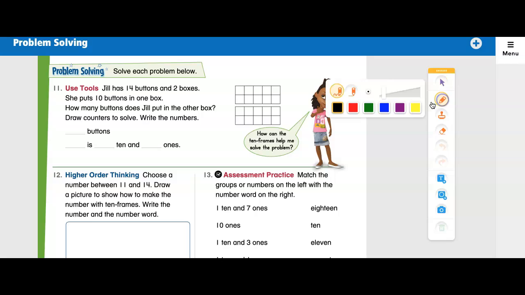Let's begin by filling out the 10 frame that has been provided for us. It tells us that Jill has 14 buttons. So let's fill in 14 of the spaces in our 10 frames.